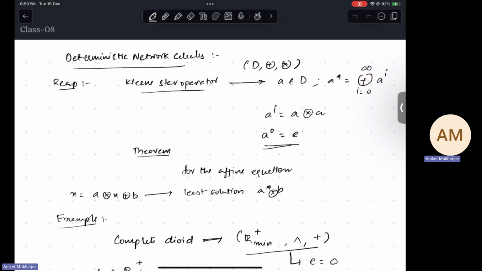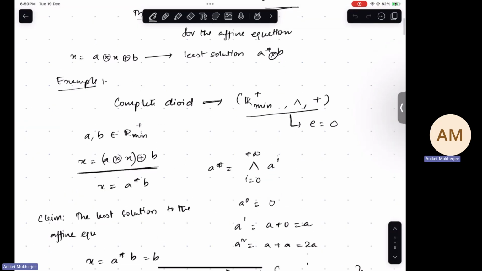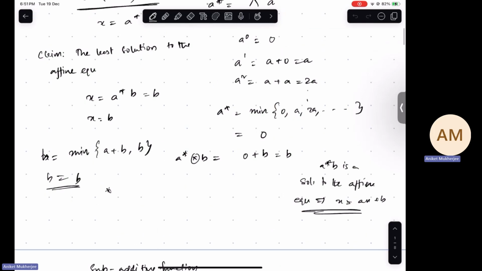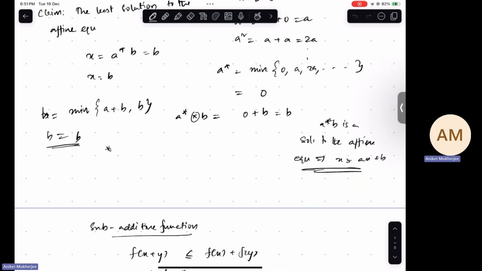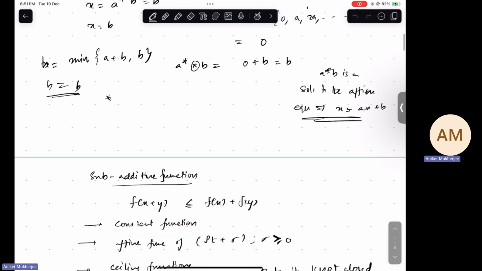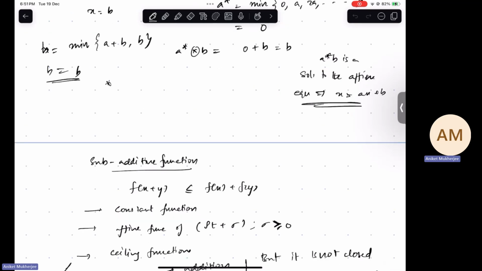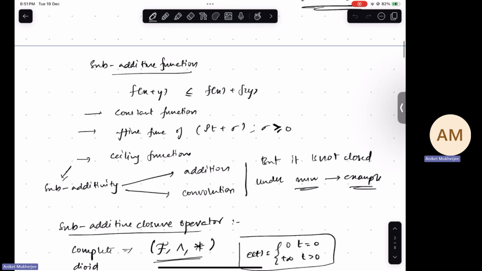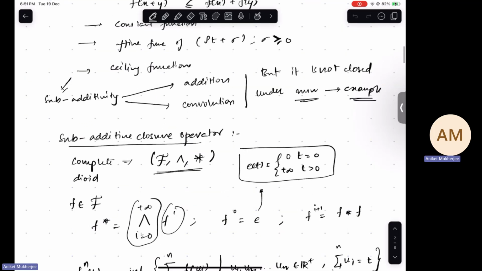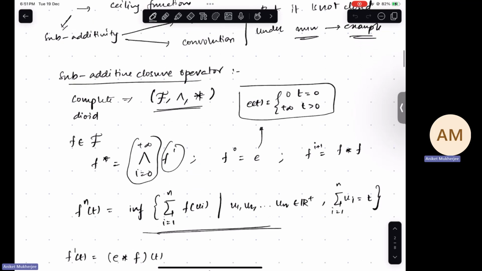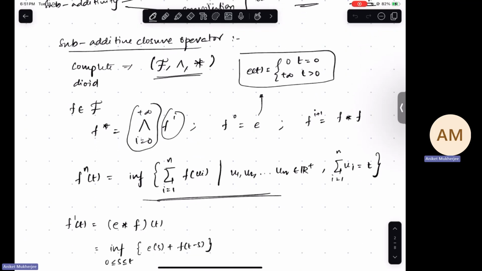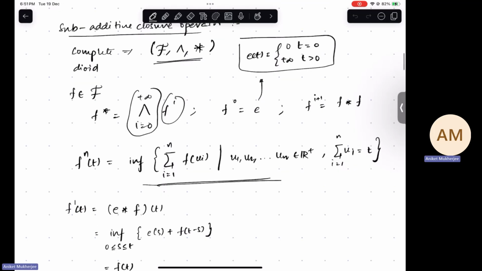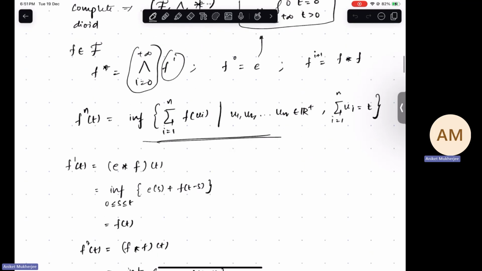Last class we saw the Kleene star operator and some properties of the Kleene star operator. We saw the least solution of the fixed-point equation, which was A star B, which is A Kleene star operator of A into B. Then we saw what a subadditive function was. We saw the subadditive closure operator defined on the complete dioid of min-plus functions, and the complete dioid was the set of min-plus functions, the pointwise minimum operator and the convolution operator.